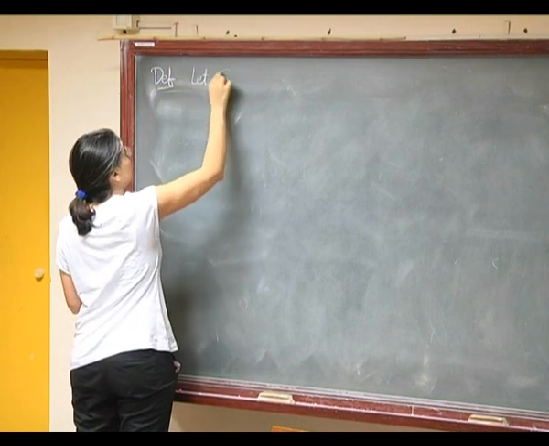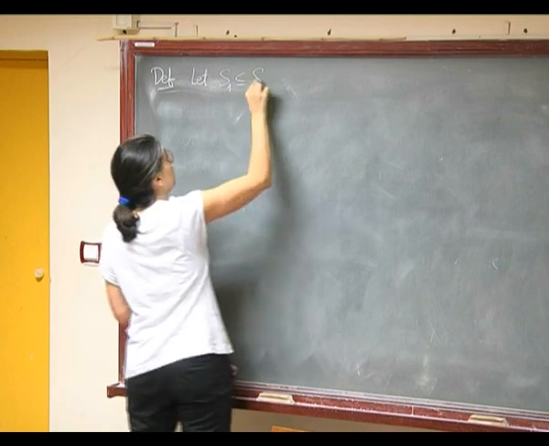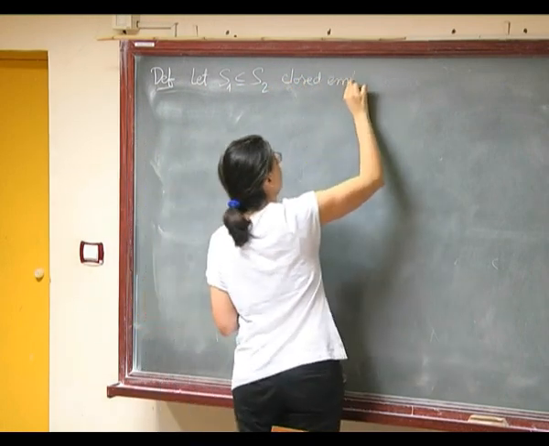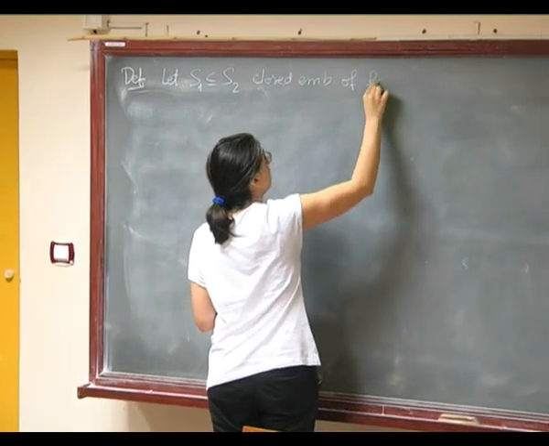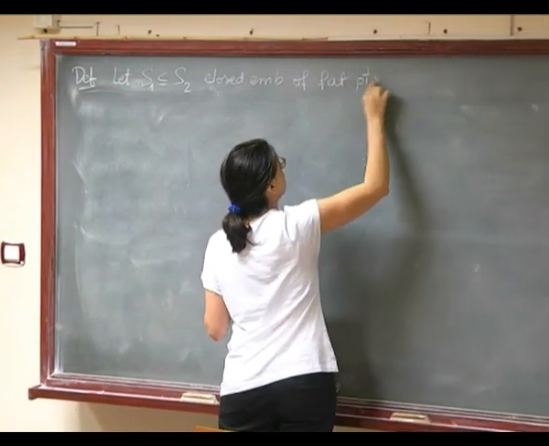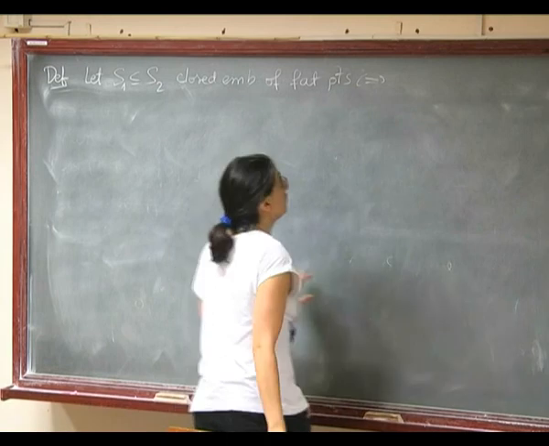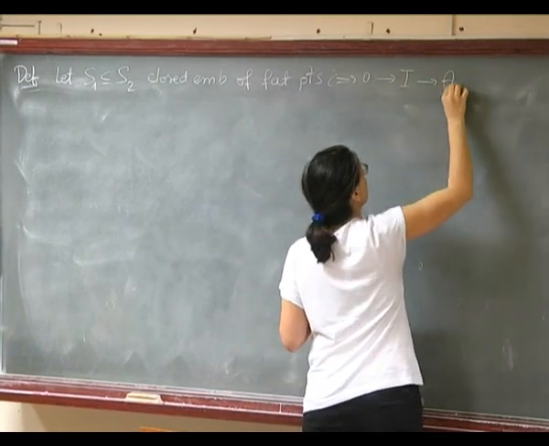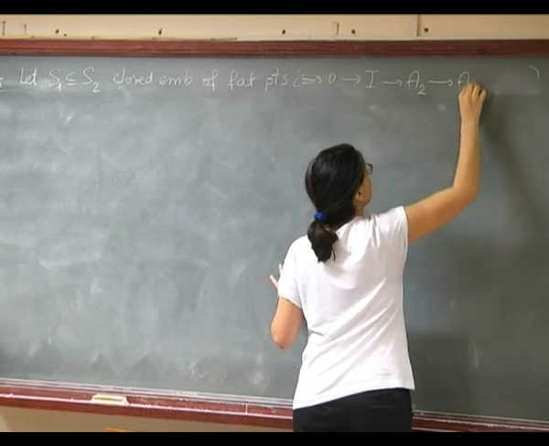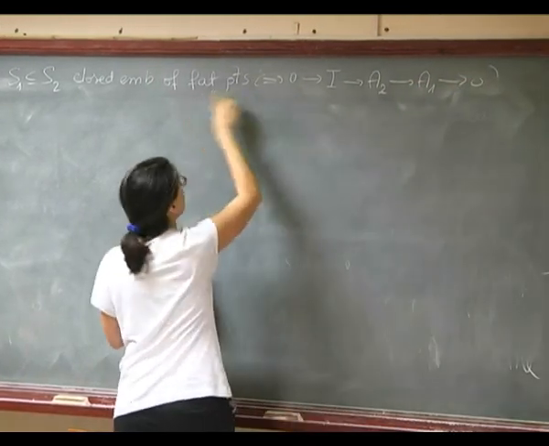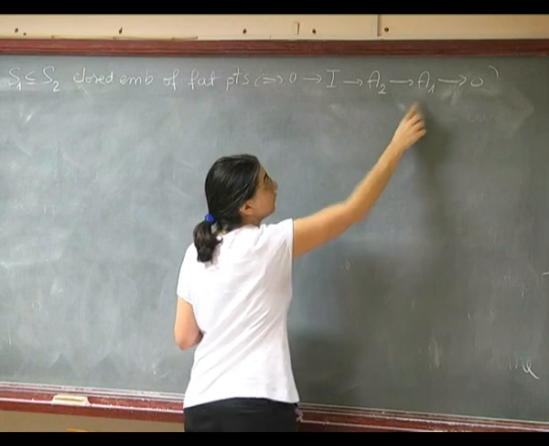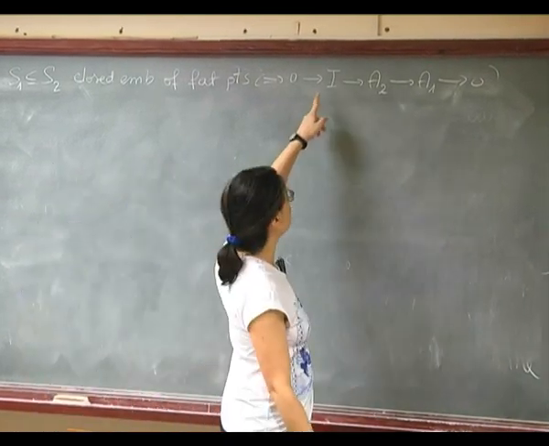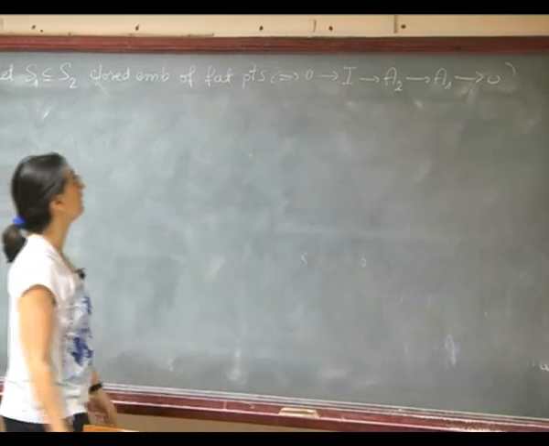So the first thing, I also want to give some more definitions. Let S1 in S2 be a closed embedding of fat points. So this corresponds to an exact sequence of algebras. It's a closed embedding, so A2 to A1 is a surjection in that category, and I is the kernel.